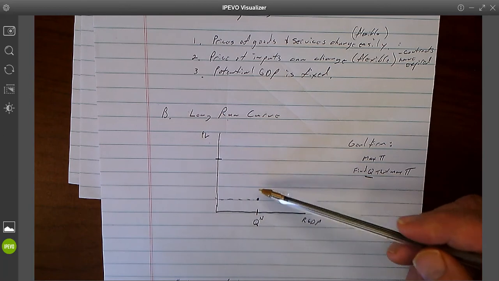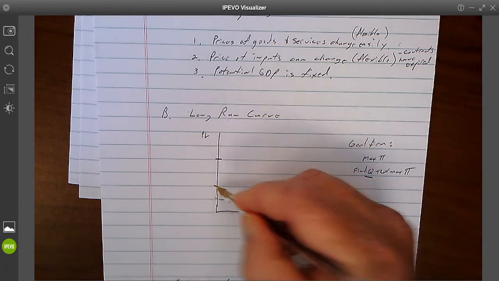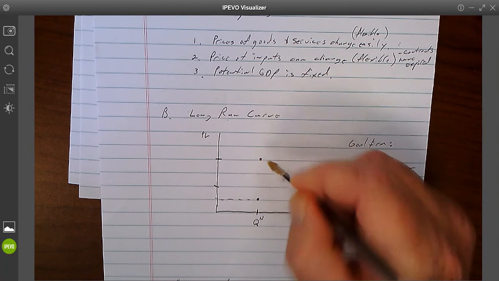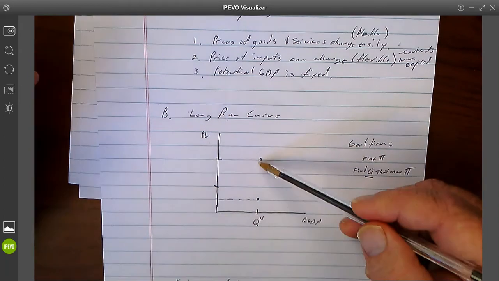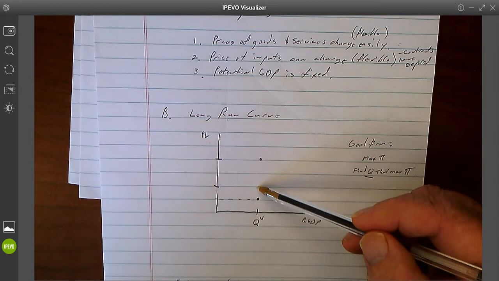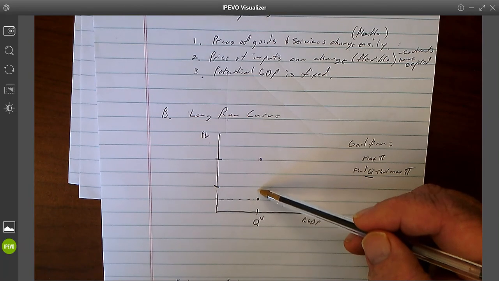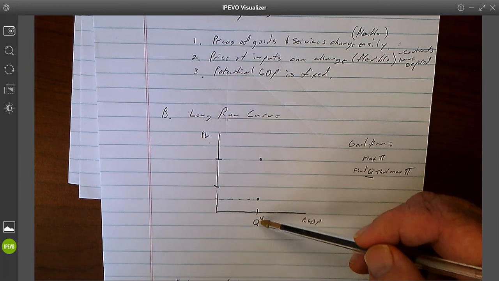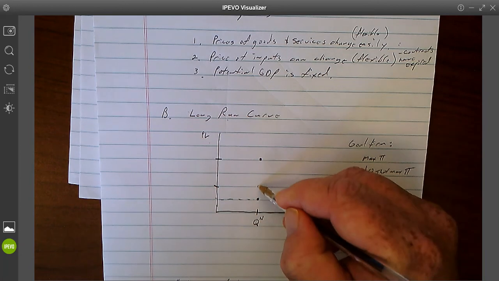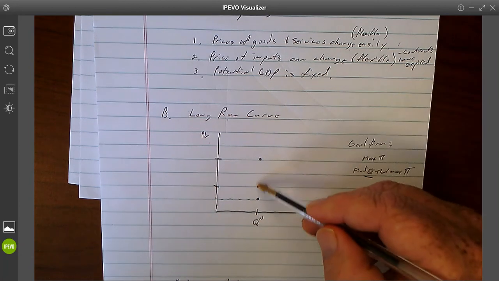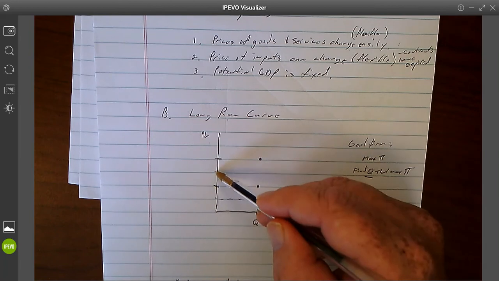What if the price level drops down to here? All right, so I should stay at QN if it's here. What if it drops back down to here? Well, the price of my product's gone down by 8%. Okay, but my costs have gone down by 8% as well. So how much should I produce? I should produce QN again. Well, what if it goes up 5% from there, right, to here?